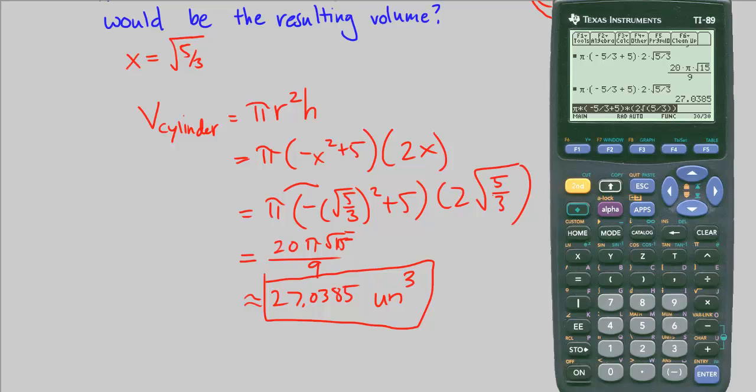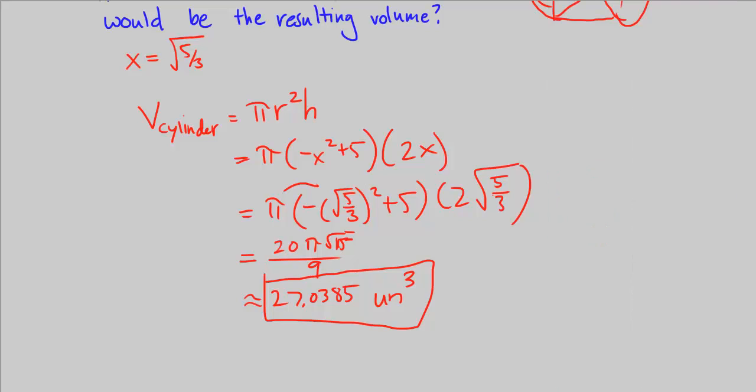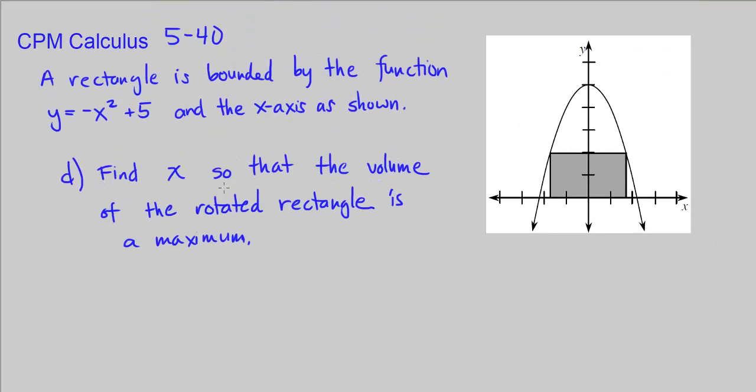Alright, let's go on to part D. Part D is the last part of this question. It basically says find x now so that the volume of the rotated rectangle is a maximum. So we don't care about the rectangle's area, we care about the volume of the cylinder being a maximum.